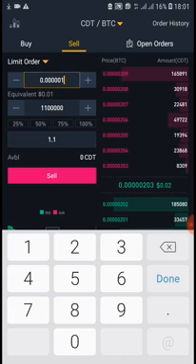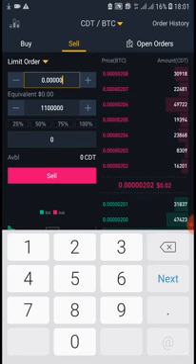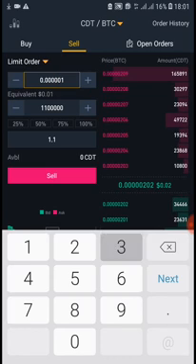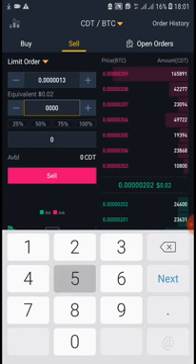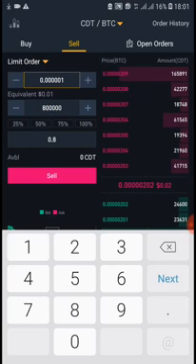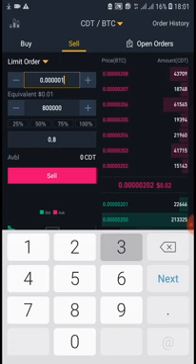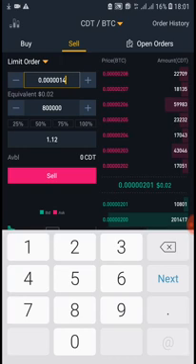Okay, let me adjust the price. I'm trying to get the exact 1.1 BTC.